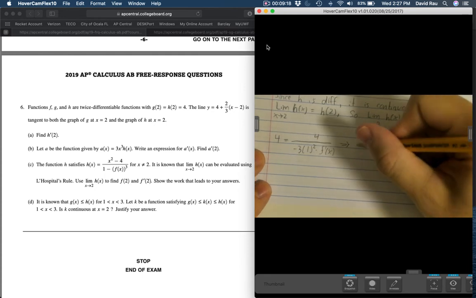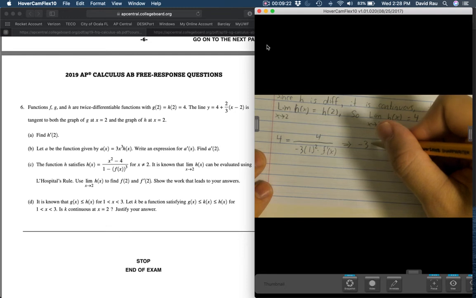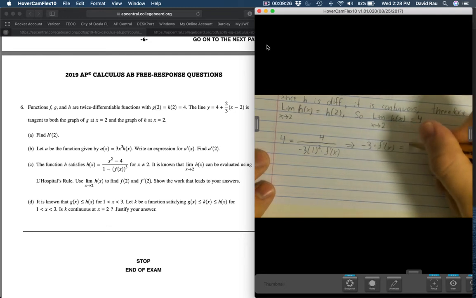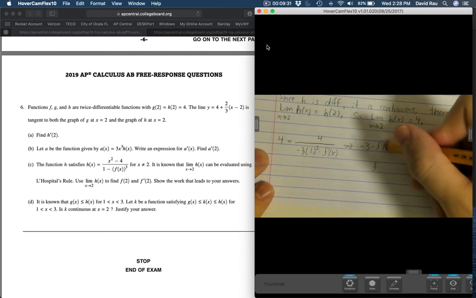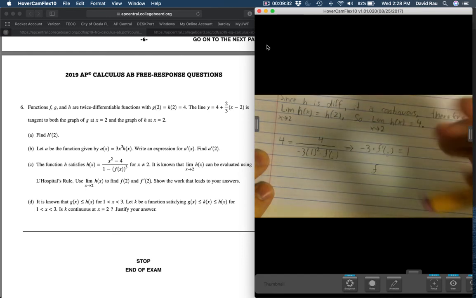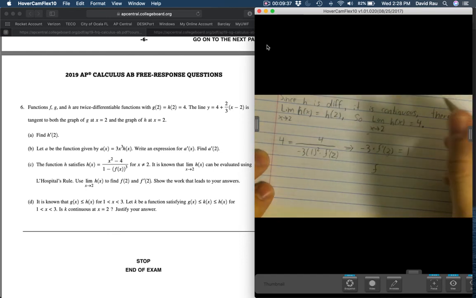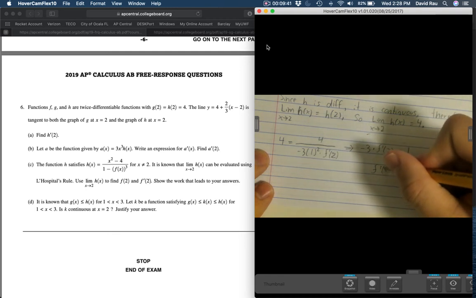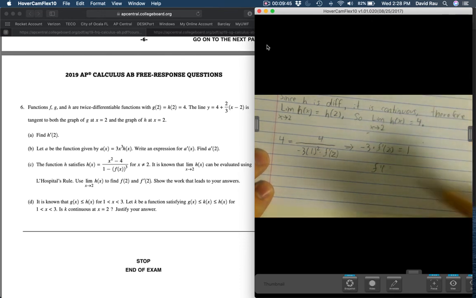So this implies that negative 3 times 1 squared, I'm going to quit writing that because that's just 1. So negative 3 times f prime has to be equal to 1. And so now I know that f prime of 2, because we're taking the limit, we're doing some direct substitution here. And so that means f prime of 2 has to be equal to negative 1/3.